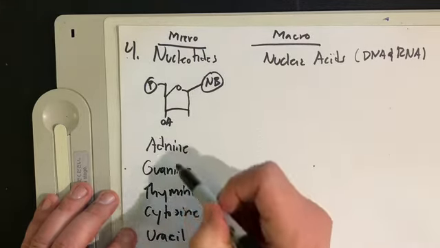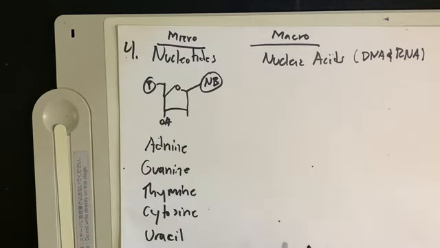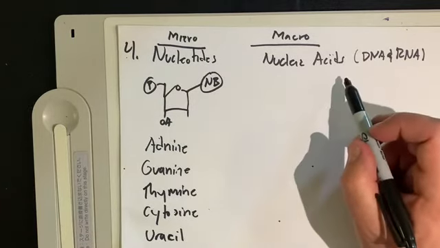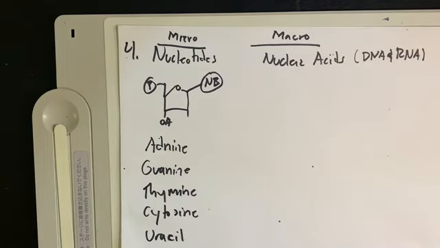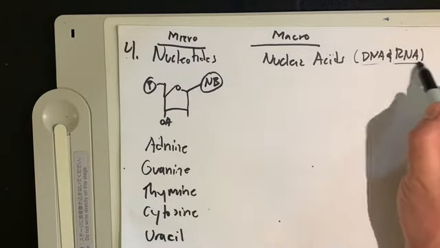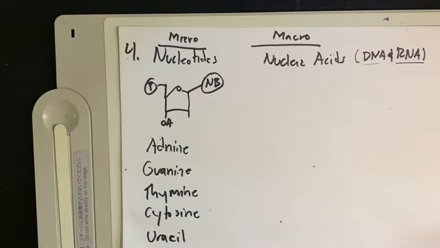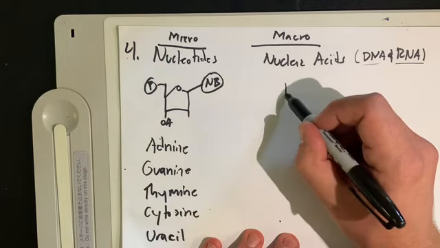And then as we combine these together, we then will create a nucleic acid. And depending on how these nucleotides come together will determine whether it's DNA or RNA. So there are a few differences between DNA and RNA, and we're just going to talk a little bit about those differences.